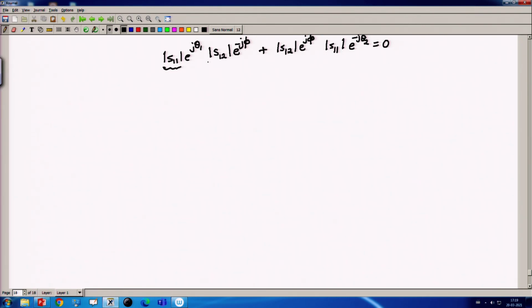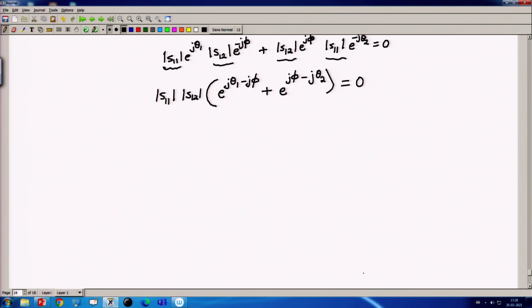And then we can take these two terms common. So, we can write this, or we can write then, just replacing S12 by mod S11 square.